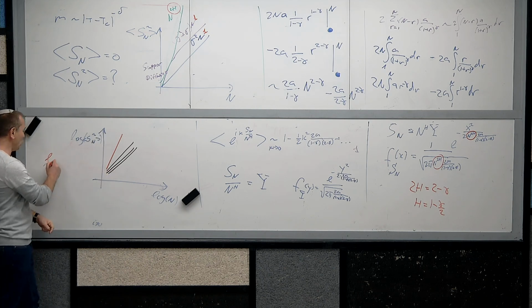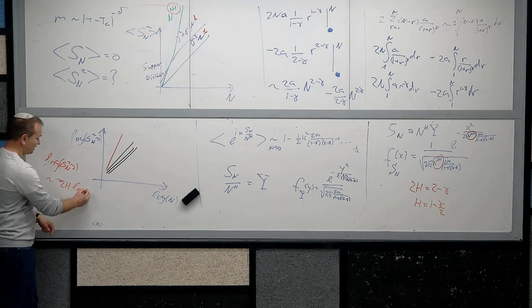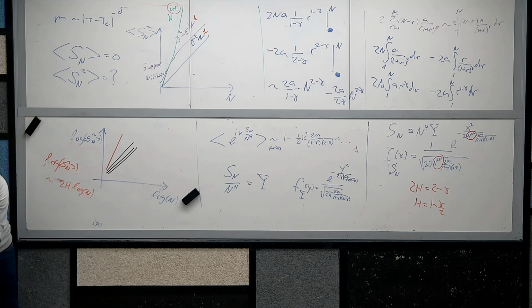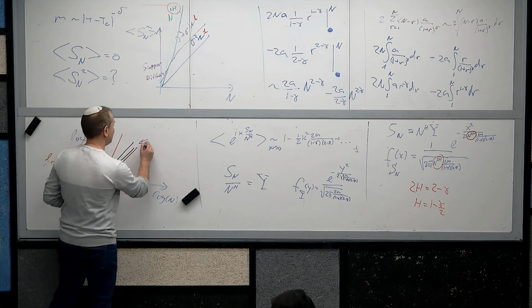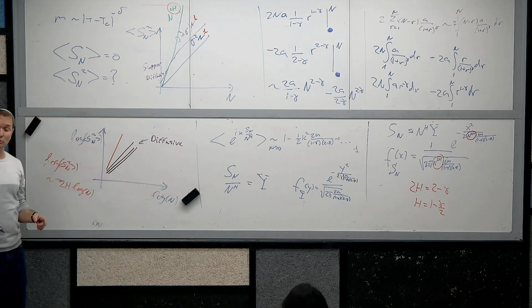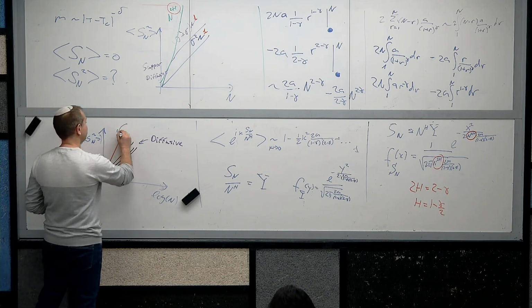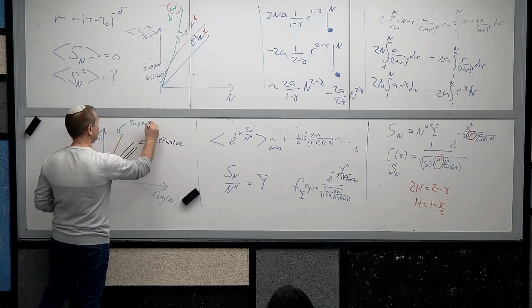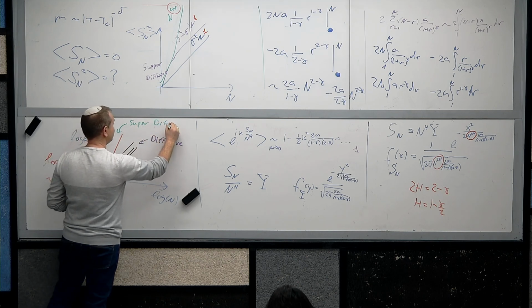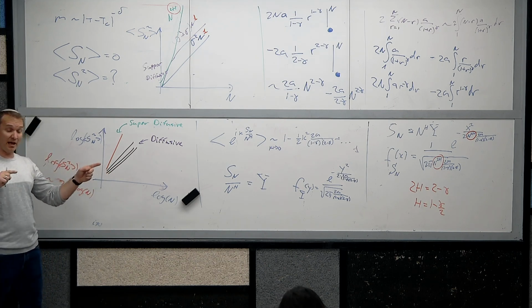So log of Sn squared grows as 2h multiplied by log of n. So diffusive is the regular correlations, which have a finite length. Super diffusive is for correlations which are positive but have infinite length.